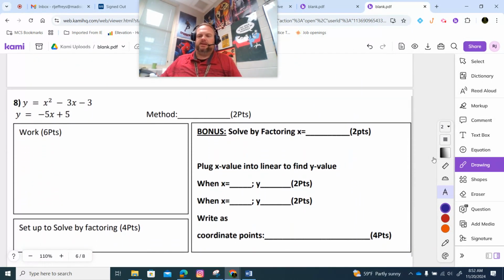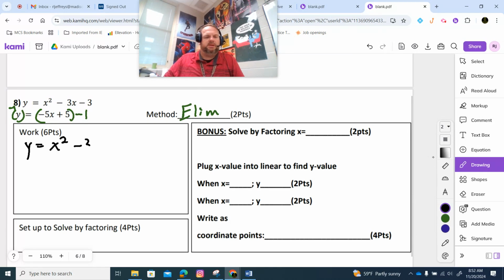All right, and number 8, I'm going to do this by elimination. Now, when I do this, I'm actually going to multiply everything by negative 1. So I can multiply it by negative 1, and I can line it up all at the same time.